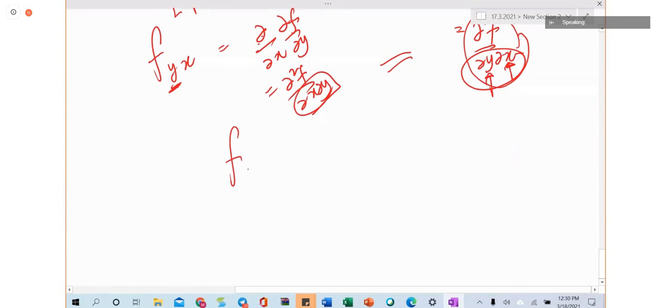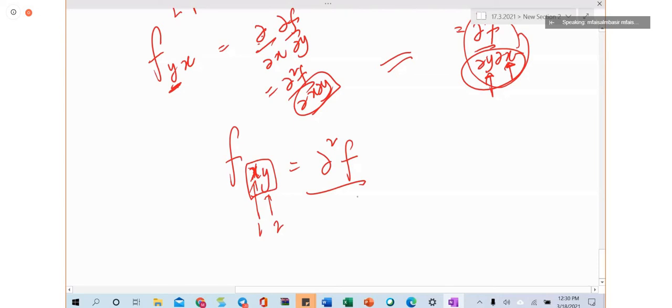Fxy, subscript xy. We differentiate f with respect to x and y, which means you now have two independent variables. In your mind you have del squared f over, okay, if this is at the left, you have to differentiate this first and then differentiate this.